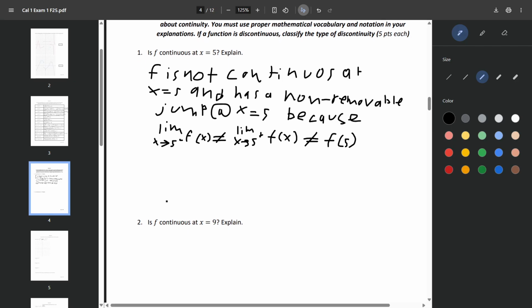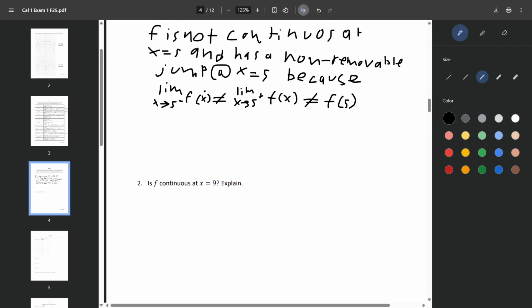And just for extra measure, we will show what these 3 values equal so we can make it clear why each of these are not the same.